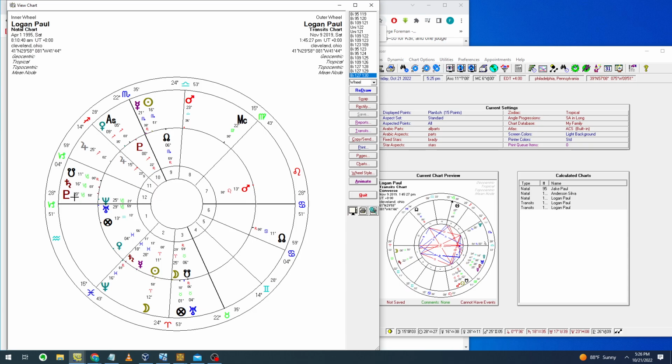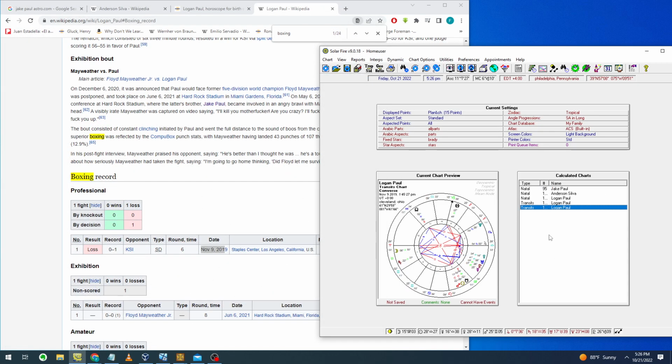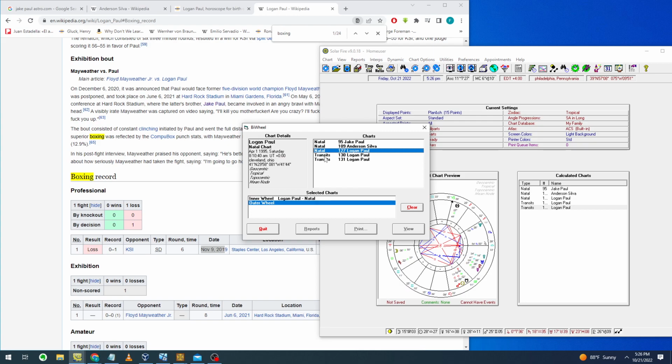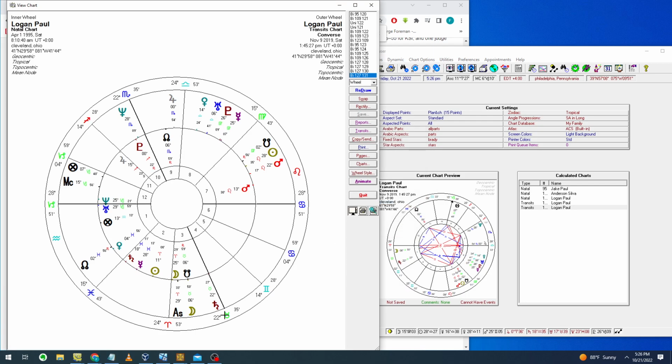But yes, this square here from Saturn to the Sun, the square from Pluto to the Moon, they count a lot in a defeat. But much clearer in converse transits is the opposition here of Saturn to the midheaven. Even here, the conjunction of Neptune with the midheaven.